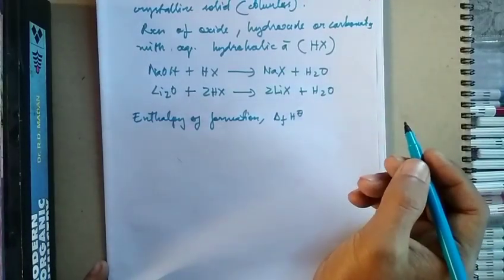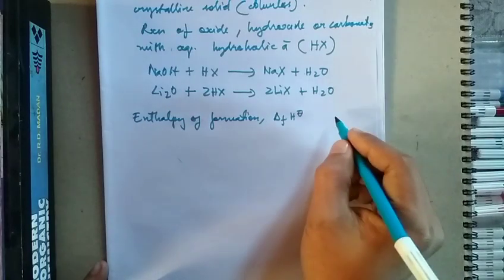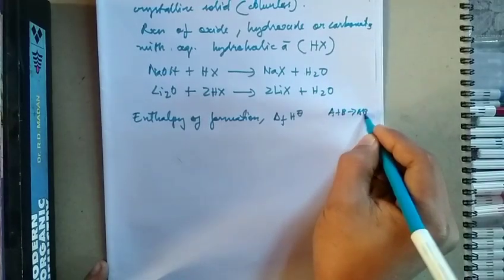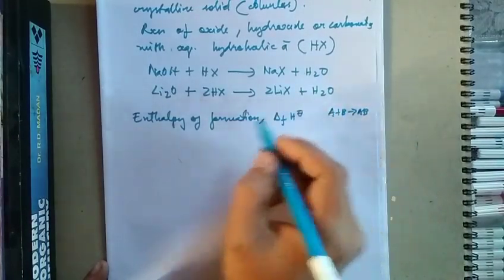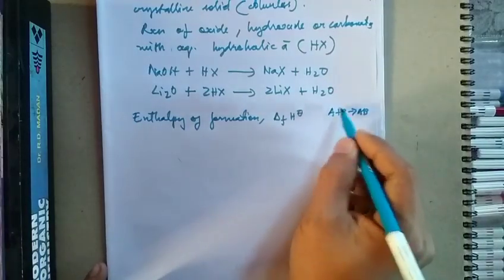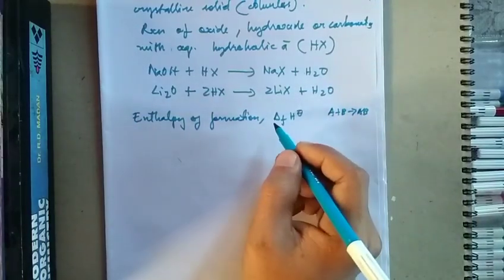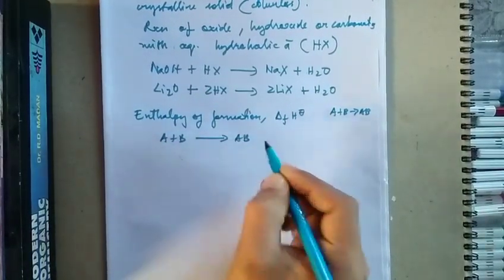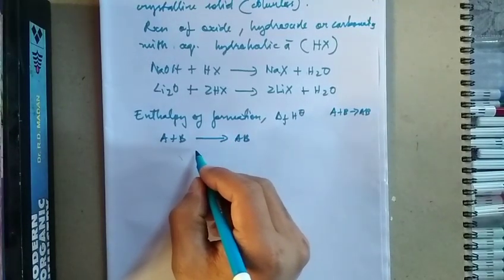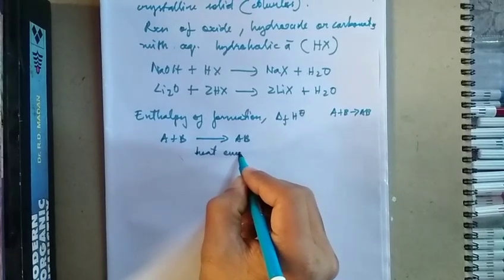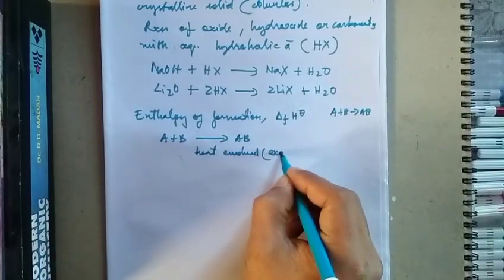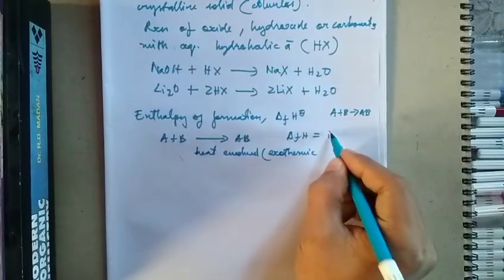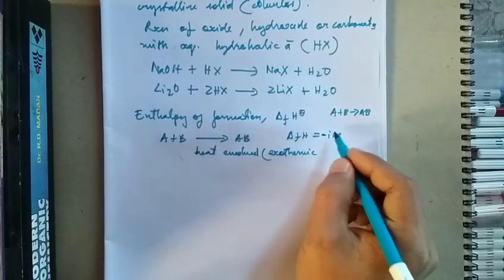When two elements combine to form a compound, suppose A and B combine to form AB, the energy involved is the enthalpy of formation. A plus B gives AB. In this reaction, if heat is evolved, or it is exothermic, then this delta HF value will be negative.